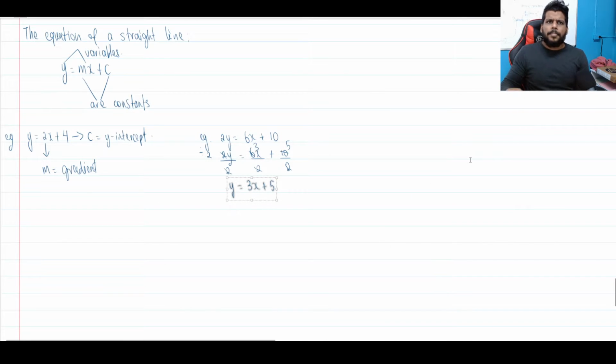So for the equation of a line, as long as I have an x and a y on the numerators, I'm good to go. Once I can bring it into the form y is mx plus c, I'm good to go. Let me do another one here. 6x plus 2y is equal to 11.